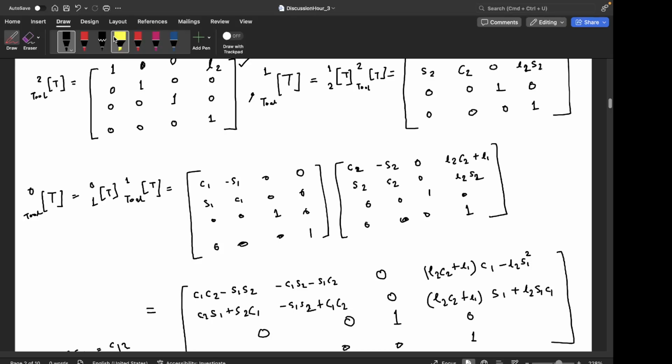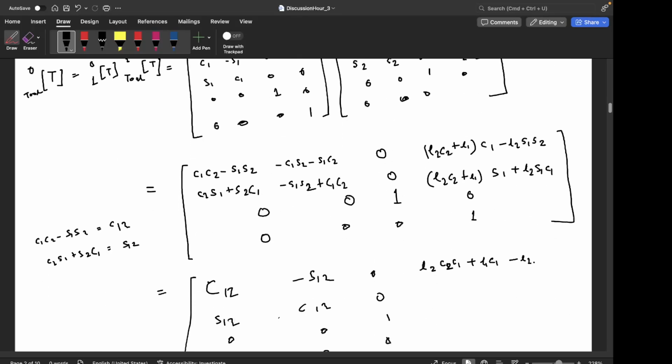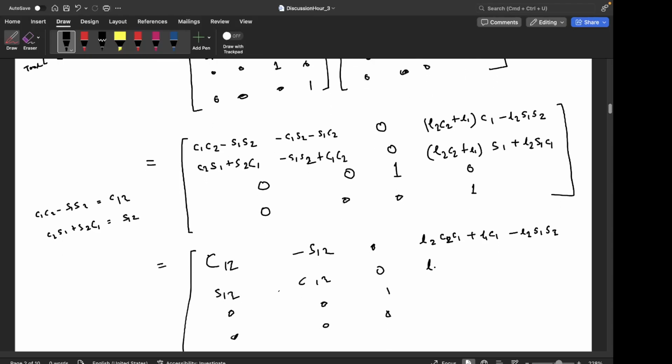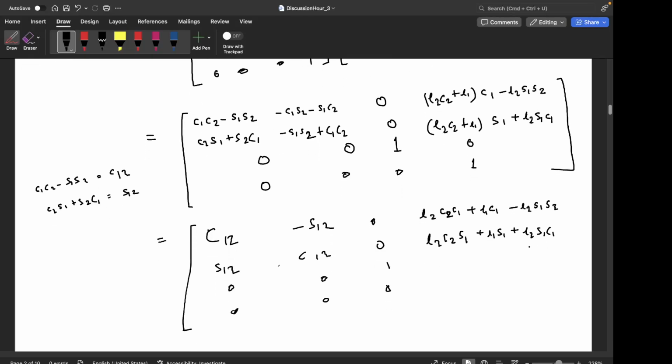So here it will be S1 S2. Okay, so here it becomes minus L2 S1 S2, right? And this becomes L2 C2 S1 plus L1 S1 plus L2 S1 C1, right? And then 0 and then 1, right?